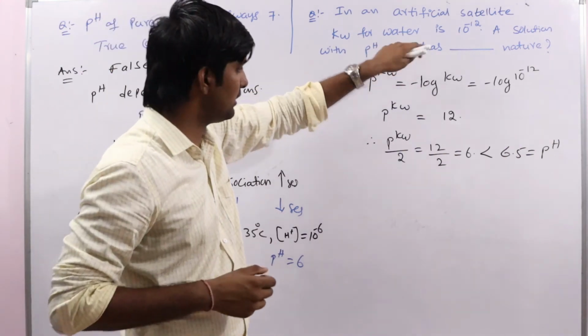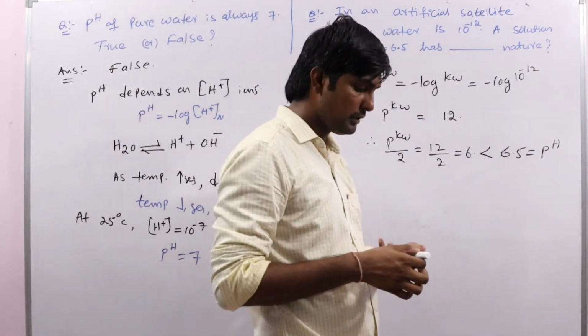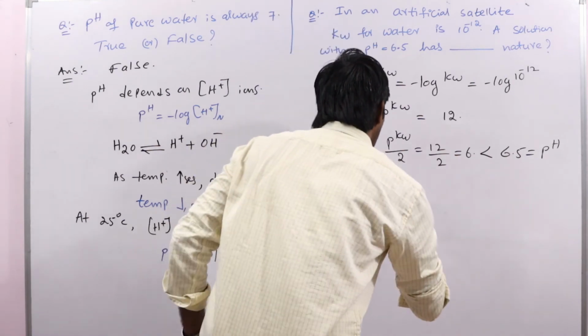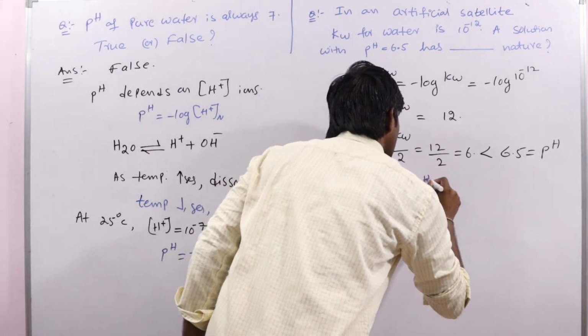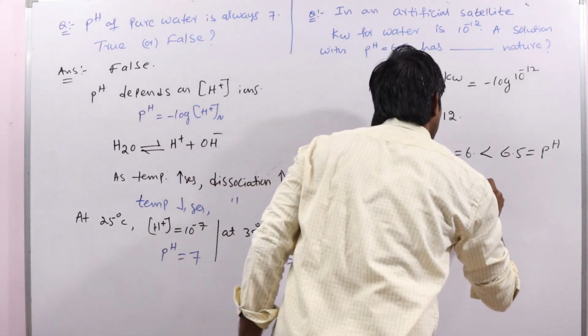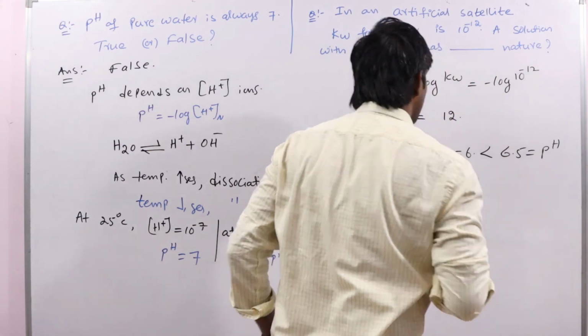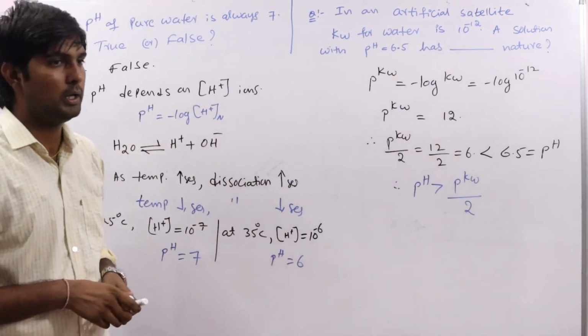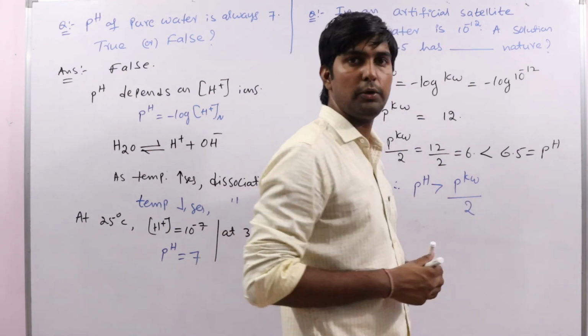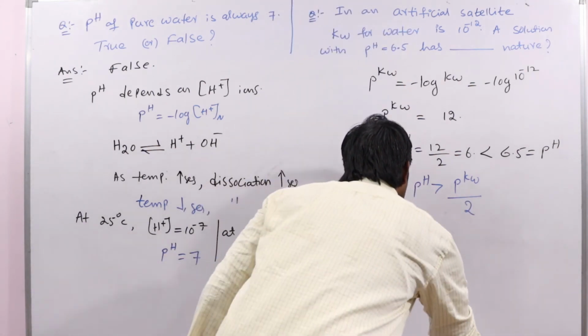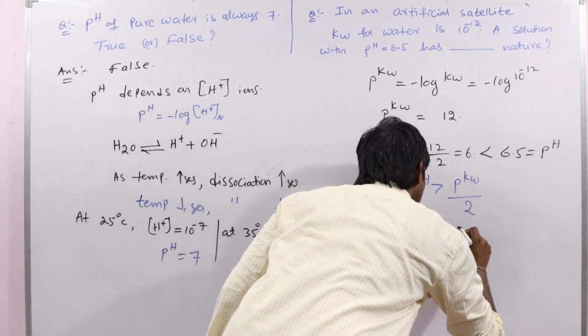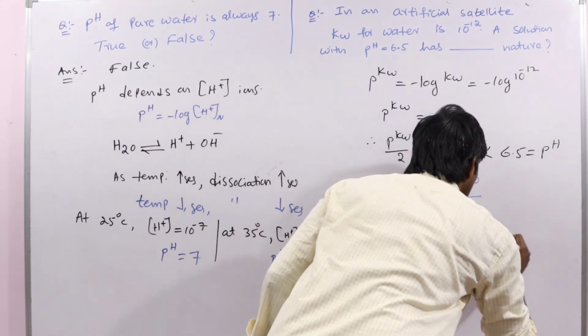The pH of the solution is given as 6.5, so overall pH is greater than pKw by 2. What is the nature of this solution? pH greater than pKw by 2 means basic nature. The nature of the solution is basic.